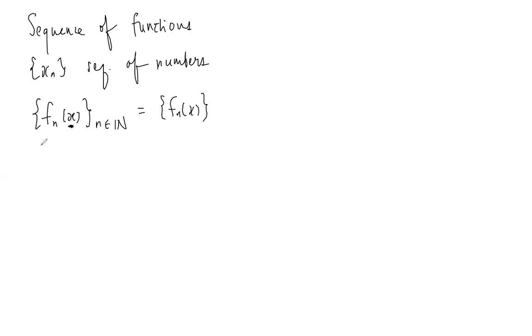So it's totally different from a sequence of numbers, because a sequence of numbers only depends on the index n, for example n over n plus 1. But this sequence of functions depends on both things, n and also the argument x.